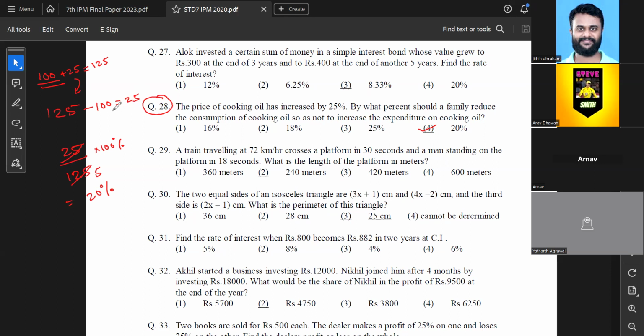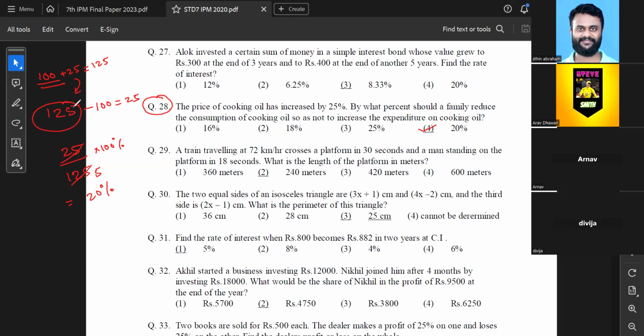But when you calculate the percentage, whatever was the reference value, that only you put in the denominator. This time you're coming down from 125, so 125 is the reference value. So you put 25 over here and 125 over here and calculate the percentage: 25 divided by 125 multiplied by 100.